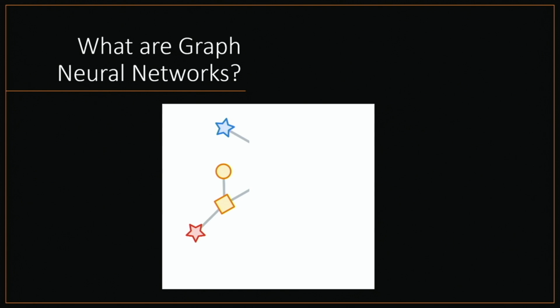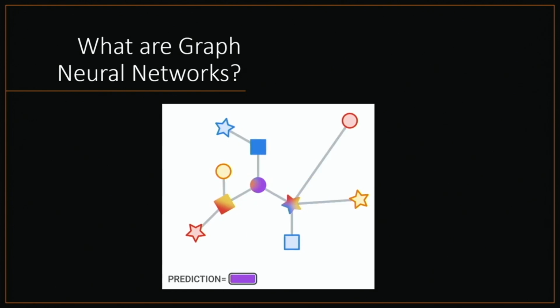So, let's start with what graph neural networks are. If people are familiar with neural networks, graph neural networks, or GNNs, are a kind of trendy topic, not as trendy as LLMs, but they have been talked about a lot recently.